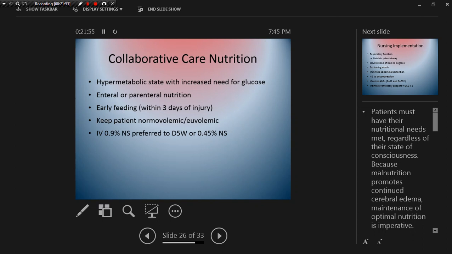And so they do need glucose, they do need nutrition. So we need to consider, is it optimal for enteral or parenteral nutrition? We know enteral is better. And we want to do early feeding if possible, usually within 2 to 3 days, just like any other patient in the ICU. And these patients, we want to keep them euvolemic.